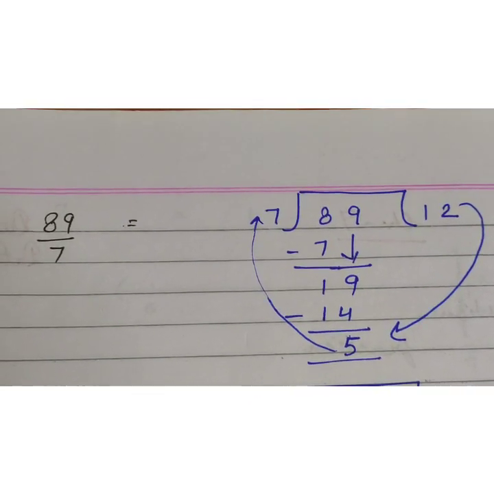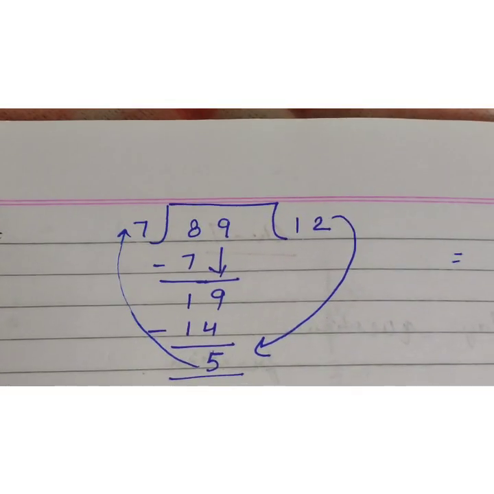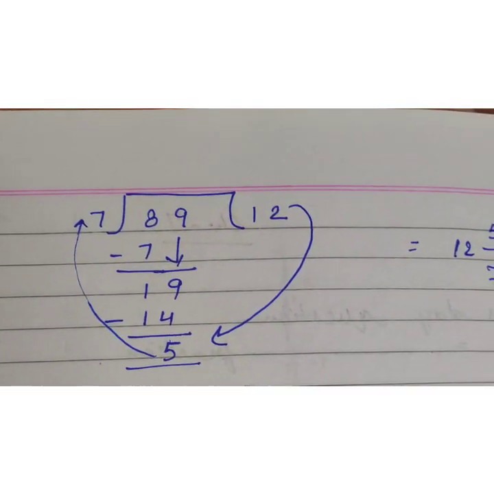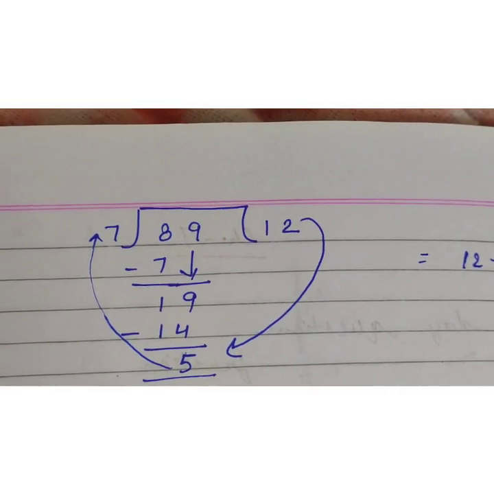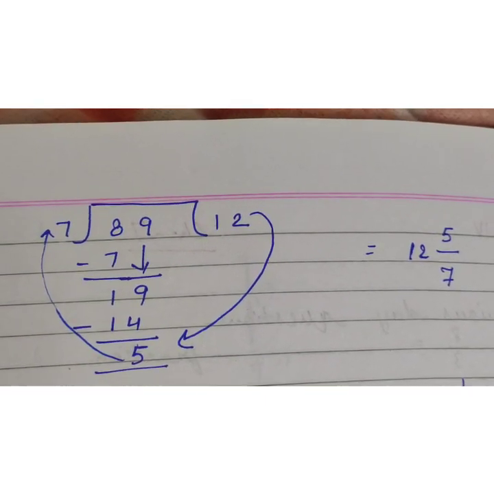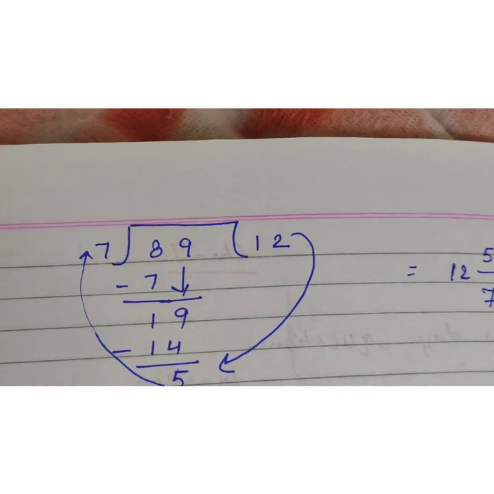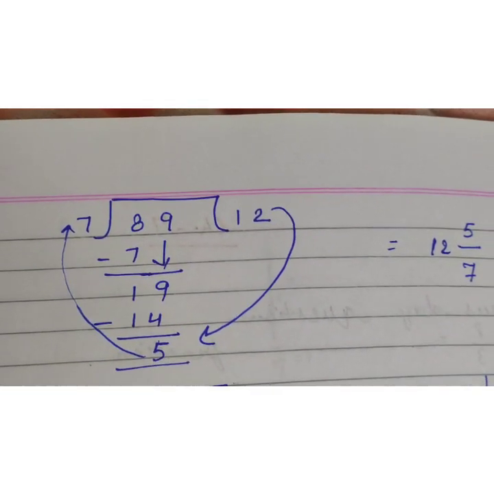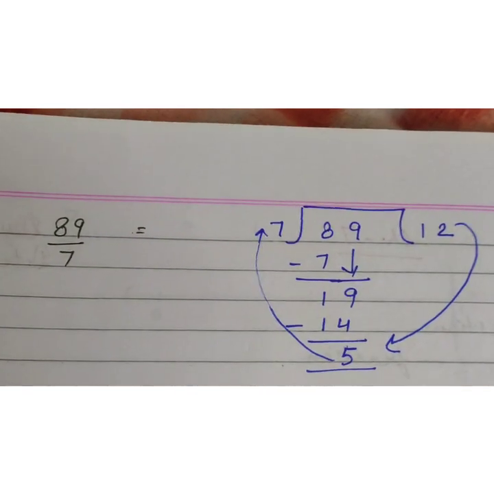Now you can see the remainder is 5. I already told you your quotient will be your whole part. So 12 whole, your remainder will be your numerator, and divisor will be your denominator. So 12 whole 5 upon 7. That is our mixed fraction that we are getting from 89 upon 7.